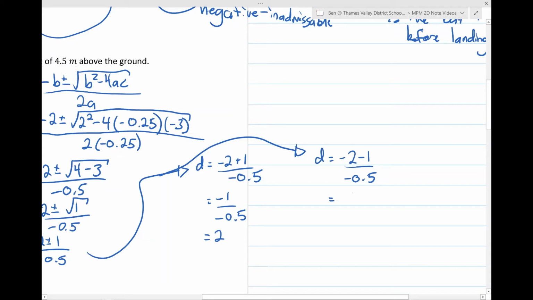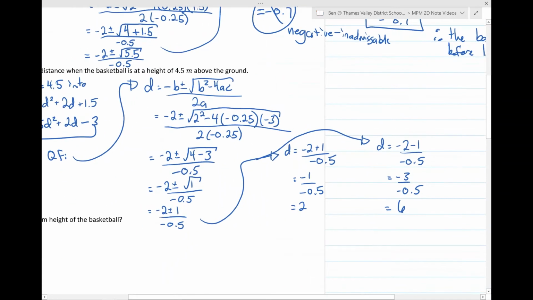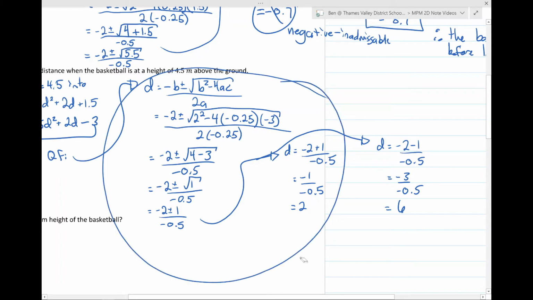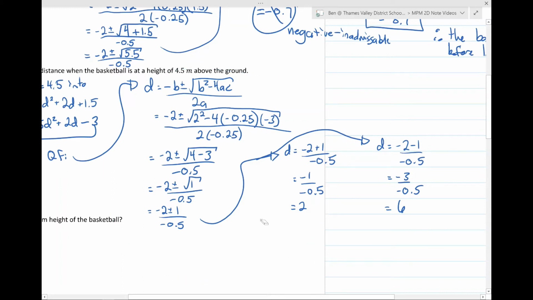Other solution, negative 2 minus 1, that's negative 3, divided by negative 0.5, bringing us positive 6. And that's great. Now, since we got whole numbers here, that's an indication that we could have solved this using factoring. So if we were clever with our factoring off the start, we could have avoided all of this quadratic formula. But here we are getting some nice practice with our quadratic formula.